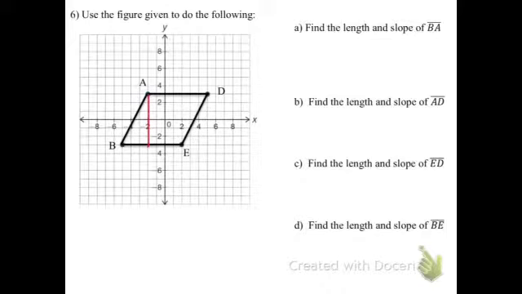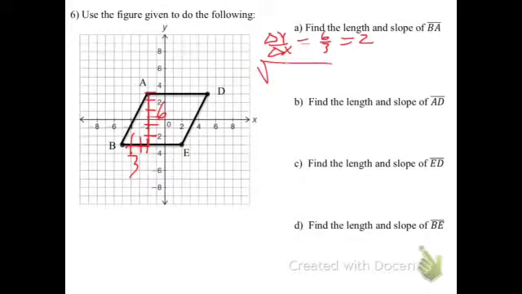This side from B to A has a change in x being 3, and a change in y being 1, 2, 3, 4, 5, 6, being 6. And so the slope of BA, that's change in y over change in x, which is 6 over 3, which is 2.